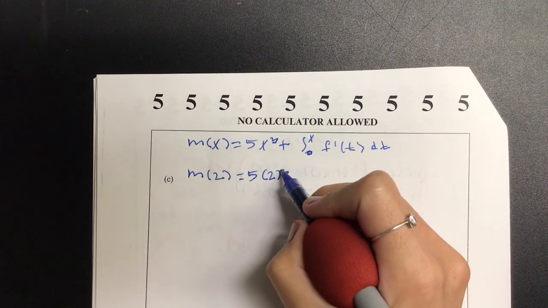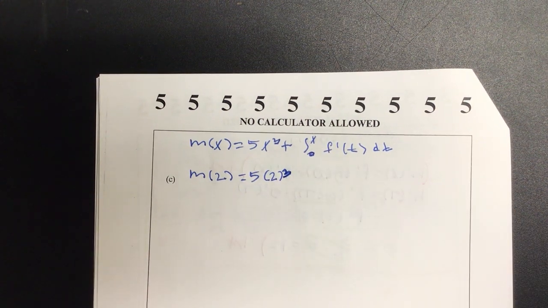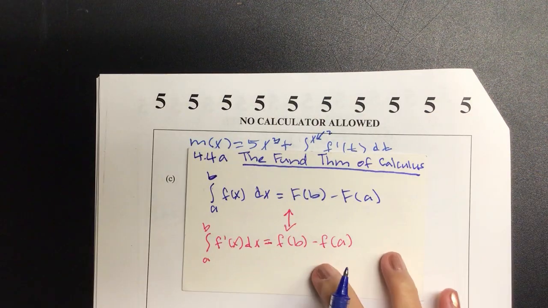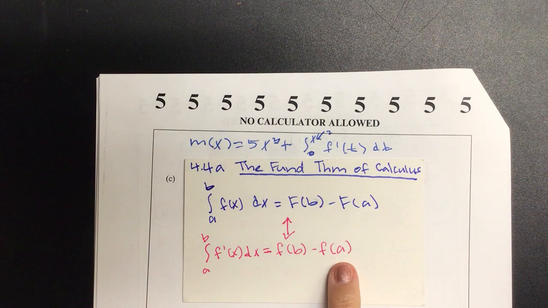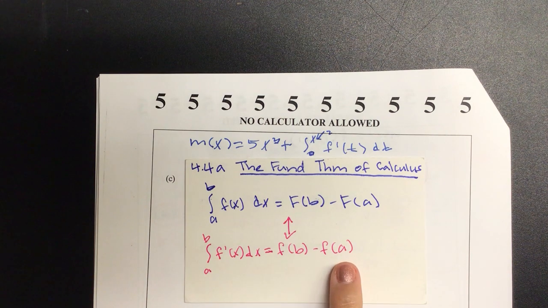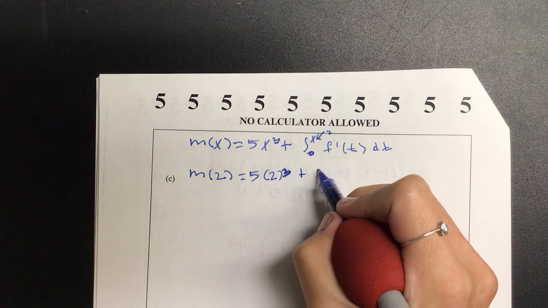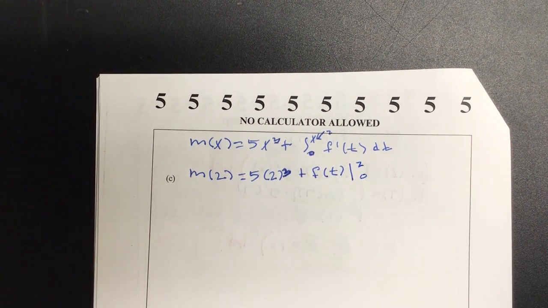Good job. Okay, so for this one, I'm gonna apply my card. And imagine x is my 2. So if I were to apply this, the way I'm gonna translate it is f of 2 minus f of 0. So we have, let's just put on here f of t from 0 to 2.